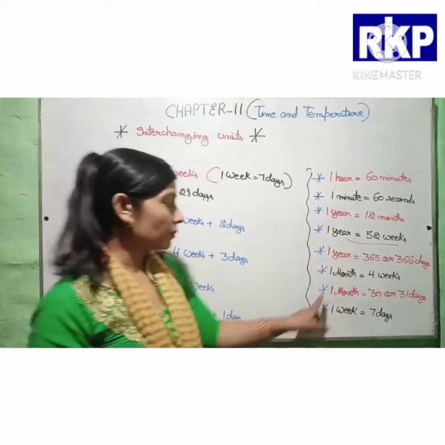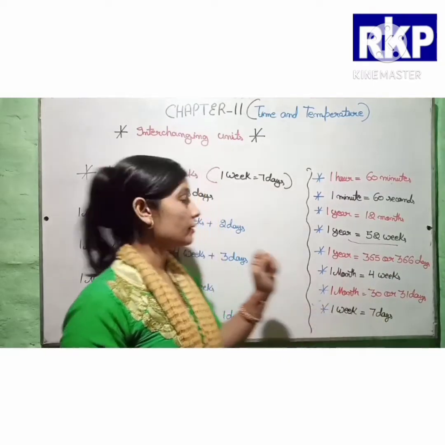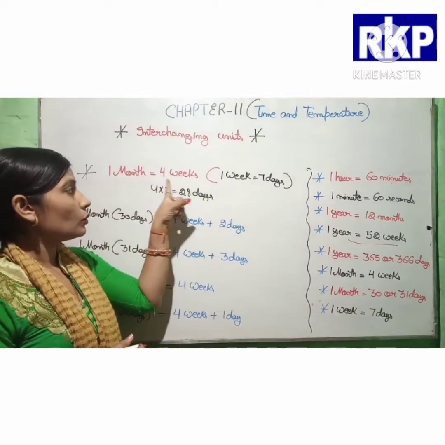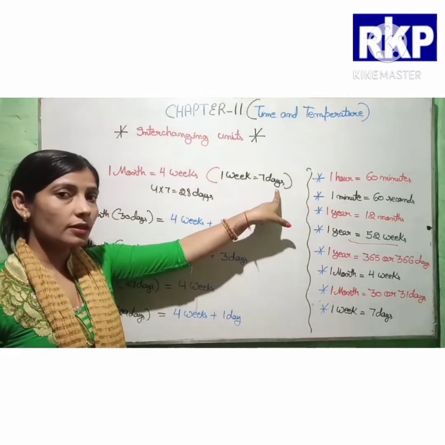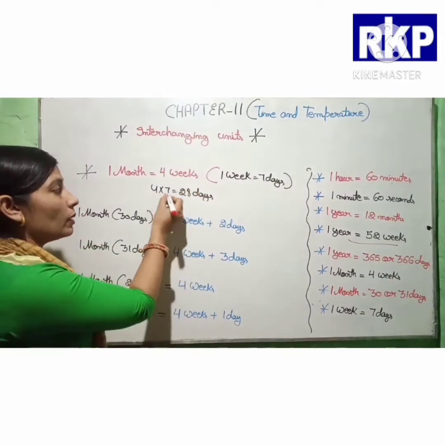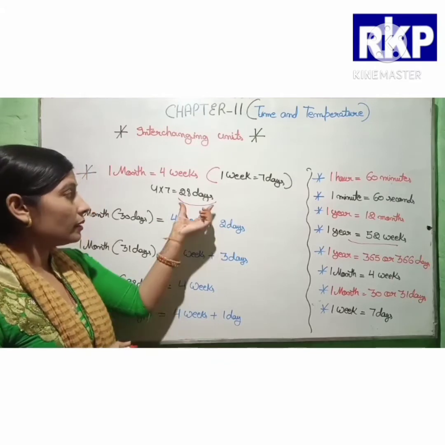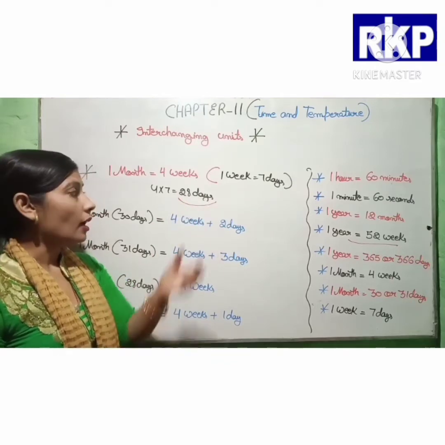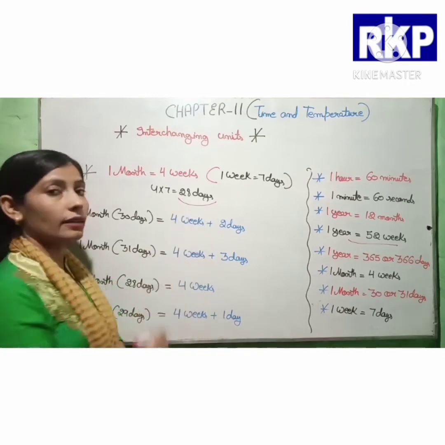1 month is equal to 4 weeks. Is it right? Let us see. 1 month is equal to 4 weeks, and you know 1 week is equal to 7 days. So how many days are there in 4 weeks? 4 multiplied by 7 means 28 days. But is it right? According to this, all our months have 28 days.